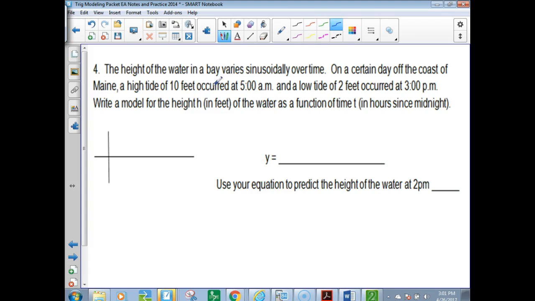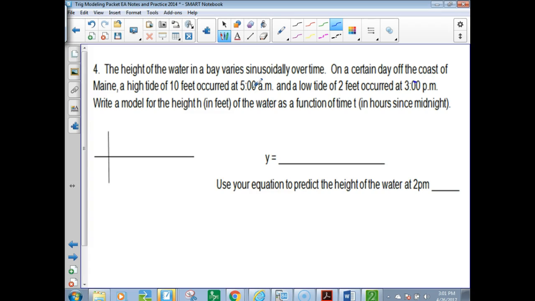The height of the water in a bay varies sinusoidally over time. On a certain day off the coast of Maine, a high tide of 10 feet occurred at 5 a.m. Well, let's write that down as a point. 5 a.m. Well, maybe we should think about how far apart these are here. 5 a.m. is 5 hours after midnight, right?